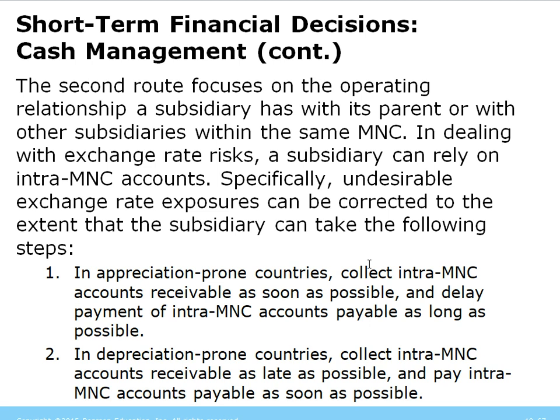So in dealing with exchange rate risks, a subsidiary can rely on intra-multinational accounts. Specifically, undesirable exchange rate exposures can be corrected to the extent that the subsidiary can take the following steps. 1, in appreciation-prone countries, collect intra-MNC accounts receivable as soon as possible and delay the payment of intra-MNC accounts payable as long as possible.